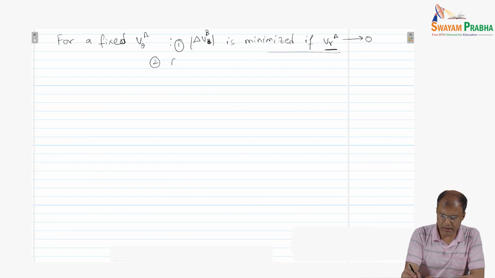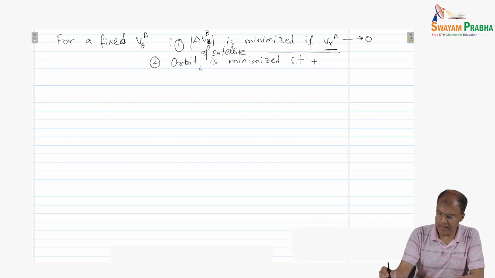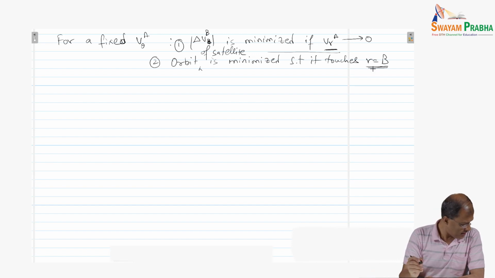The orbit of the satellite is minimized such that it touches the circle at r equal to b, right?